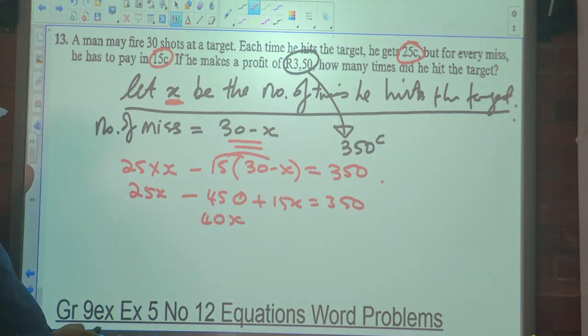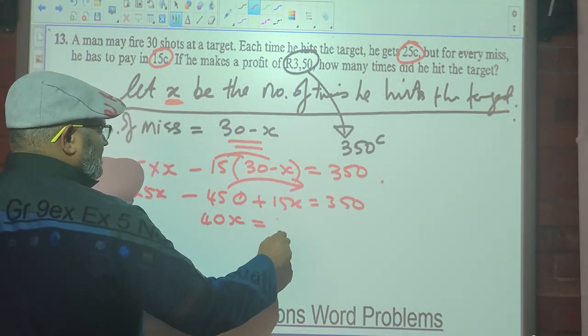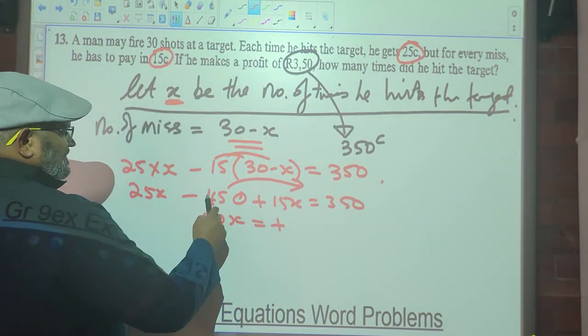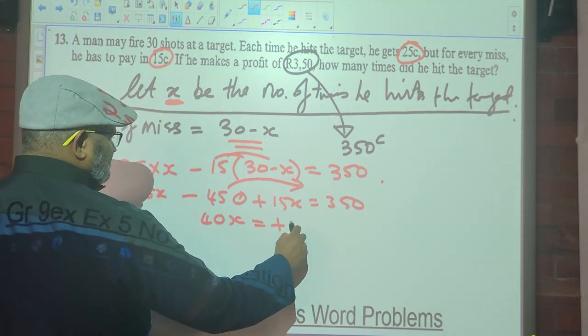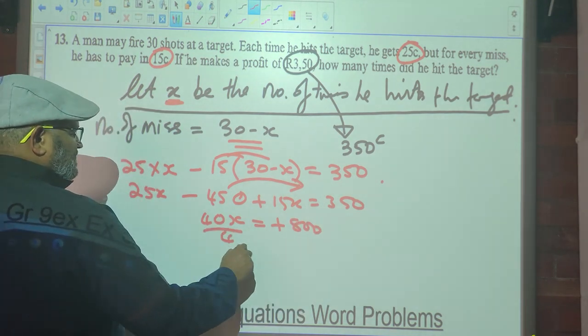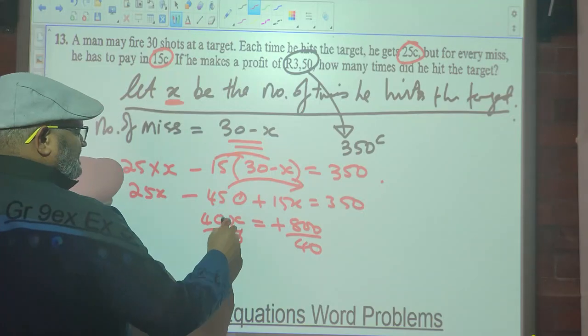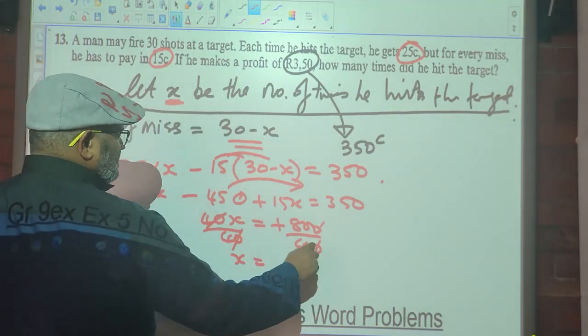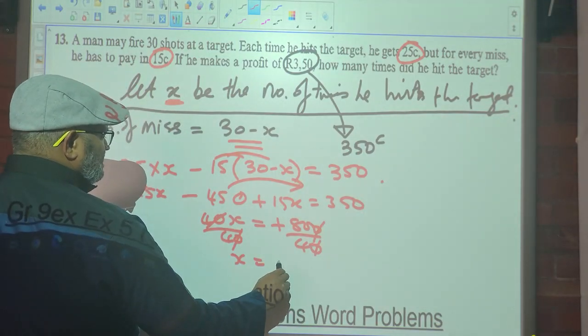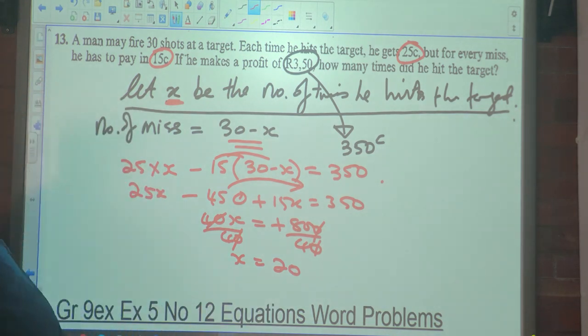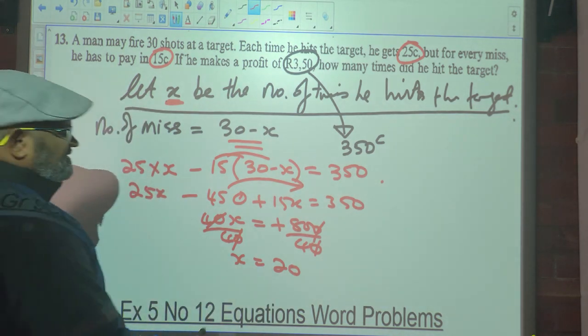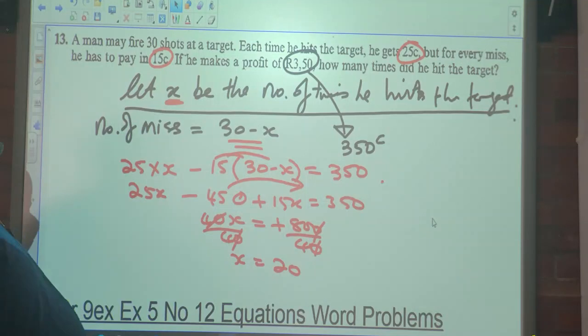Is that correct? Then over the equal sign it will be positive 800, looks like it, no? Divide by 40 on both sides. That cancels, so x is equal to 80 divided by 4, which is 20. So therefore he hits the target 20 times.